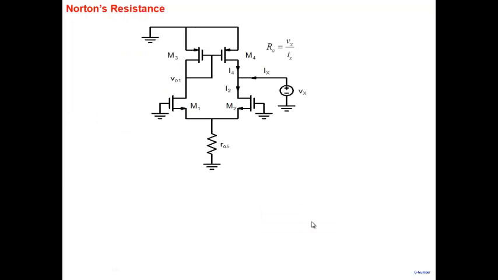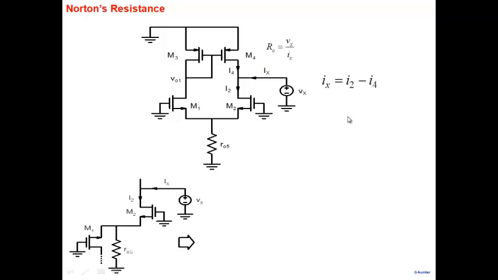The output resistance or the Norton's resistance is the resistance looking from here. So you remove all the sources and the net resistance is Vx by Ix. So what we have to do is calculate the components of Ix, I2 and I4 here. So we start building current for I2. When we look at I2 here, we have a transistor with a gate to ground.